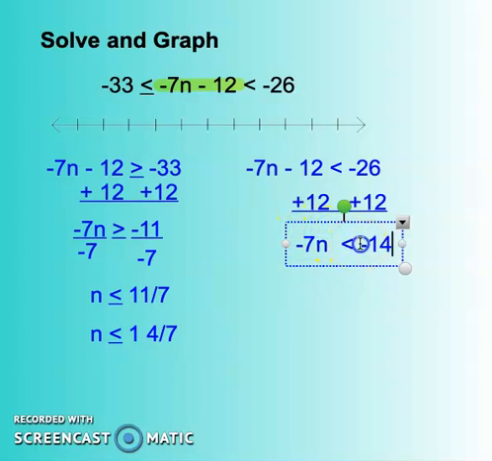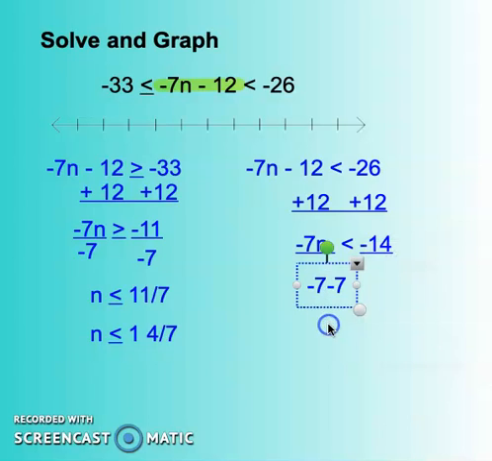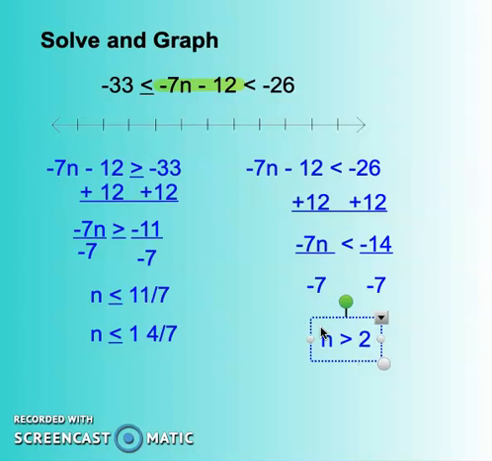And then we're going to divide again, because that's the opposite, the inverse. And so we're dividing by -7. And we get +2. So this one actually turned out nice. n, and the symbol flipped because we divided by a negative again. We get n is greater than +2.